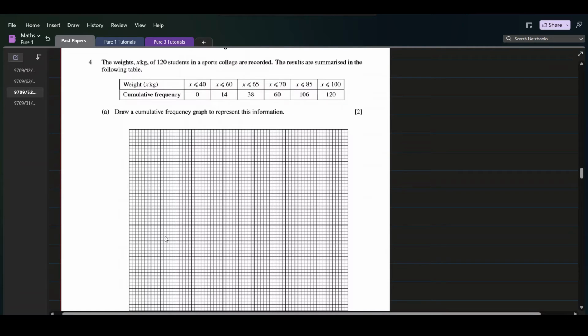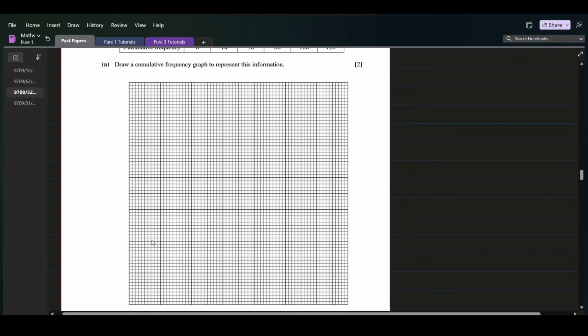Number 4. The weights X kilograms of 120 students in a sports college are recorded. The results are summarized in the following table. Part A. Draw a cumulative frequency graph to represent this information.